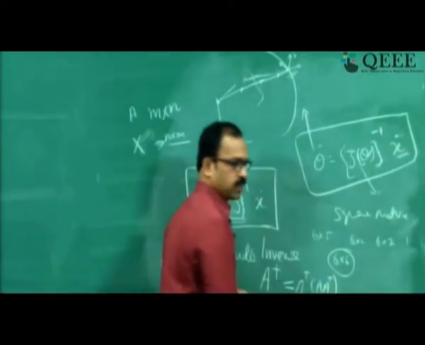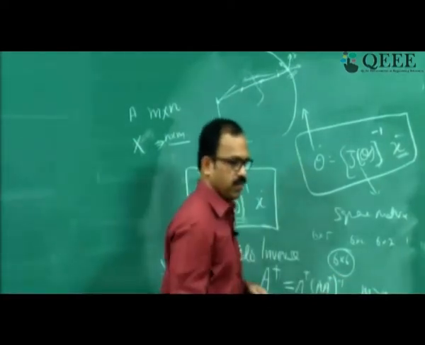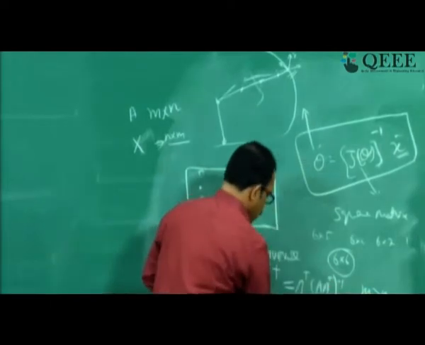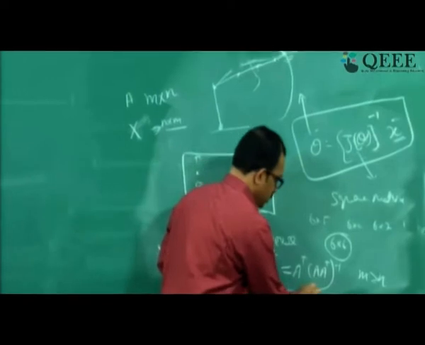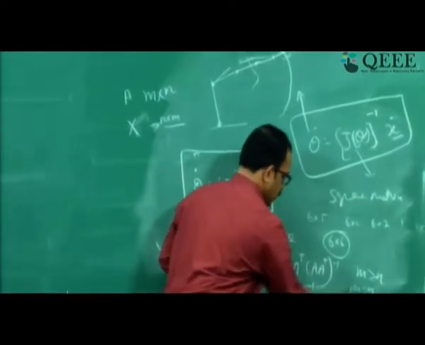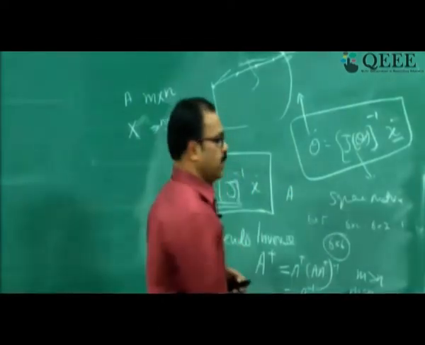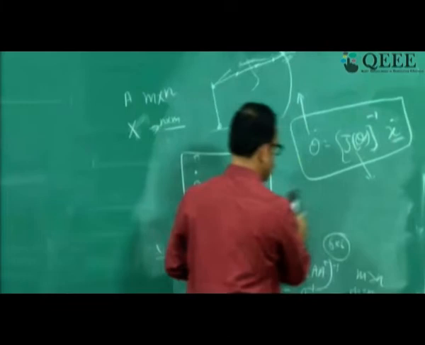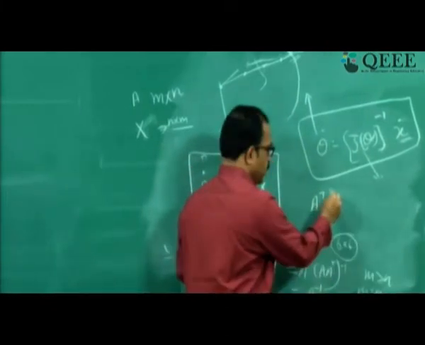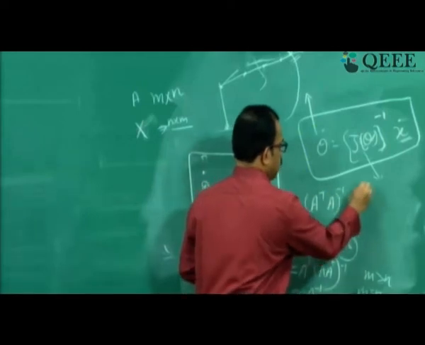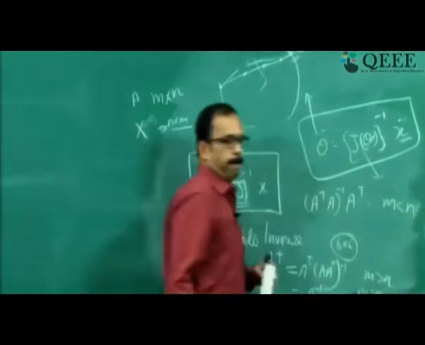A plus is the inverse of (A transpose A) times A transpose if m is greater than n, or equal to A inverse, the normal inverse, when m is equal to n, and it is A transpose (A A transpose) inverse if m is less than n.